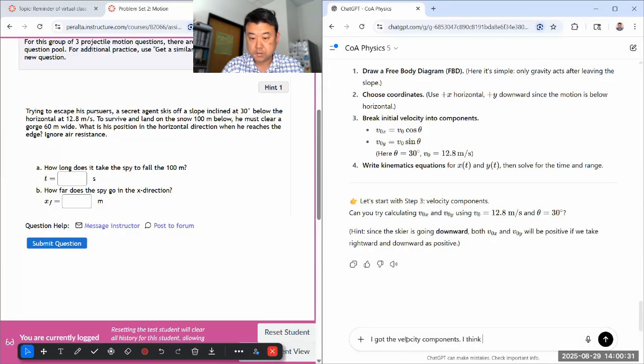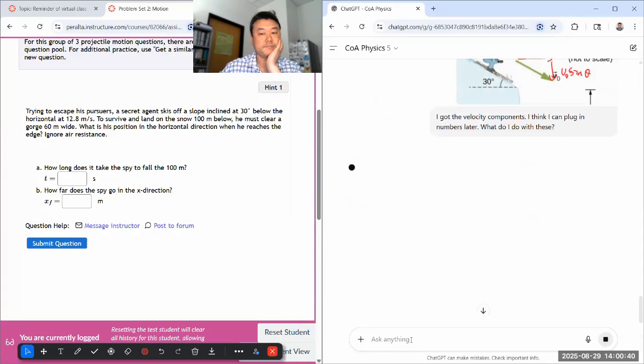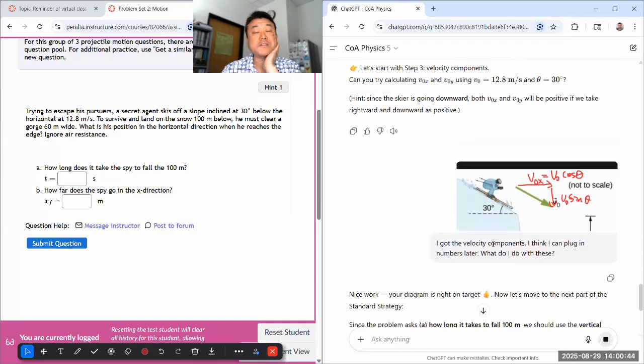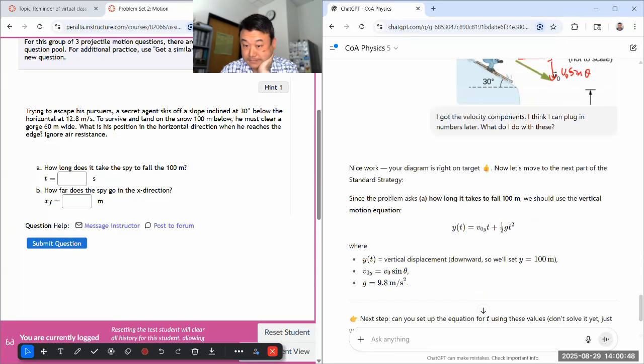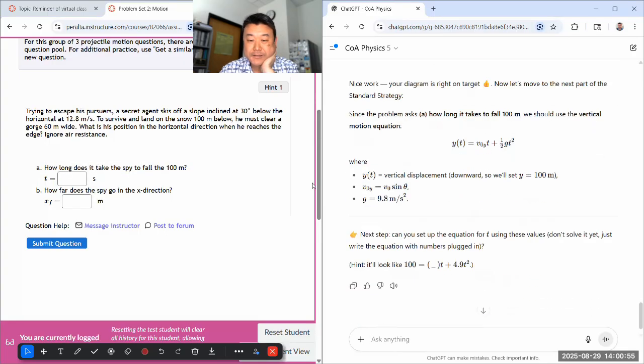I think I can plug in numbers later. What do I do with these? And then it should walk me through the projectile motion problem solving, which is I should find the time first. It's trying to be helpful. So yeah, you should do that first.